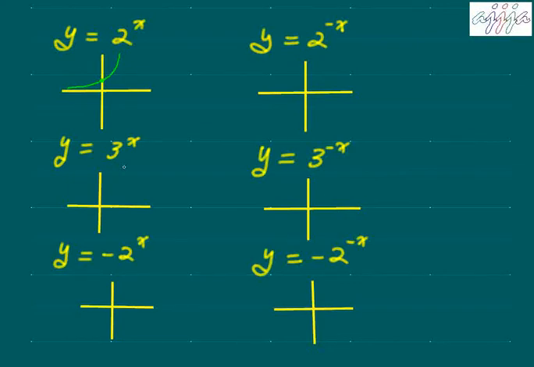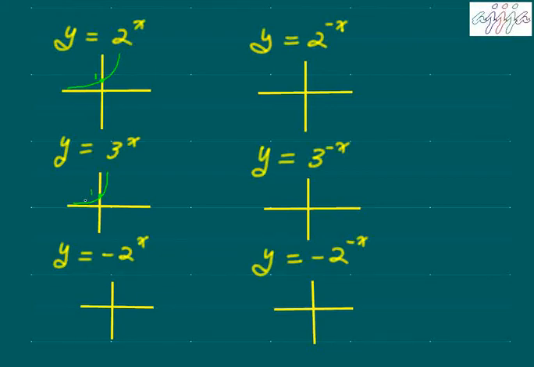What about 3 to the x power? You have a bigger number here in the base. Actually the same thing. This one goes through 1, and this one also goes through 1.